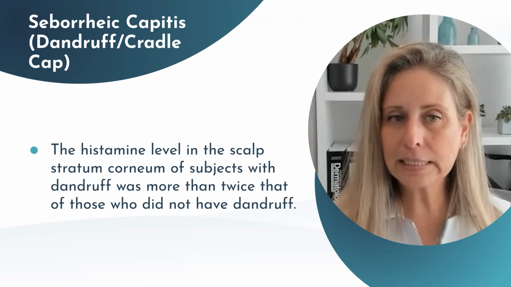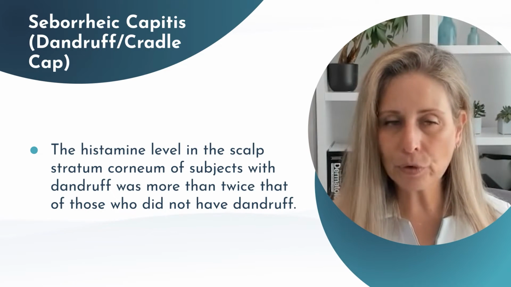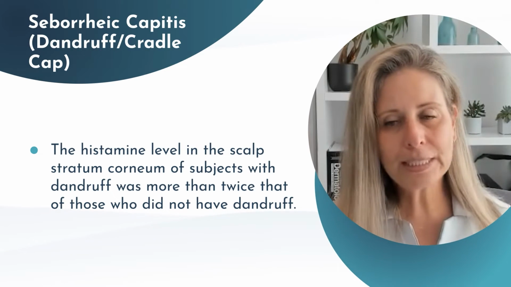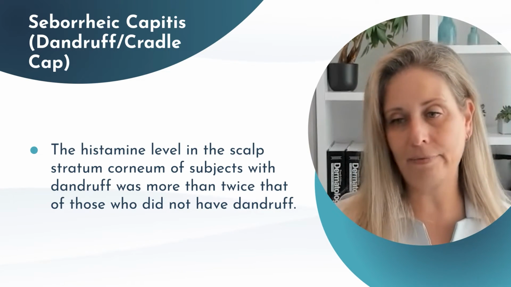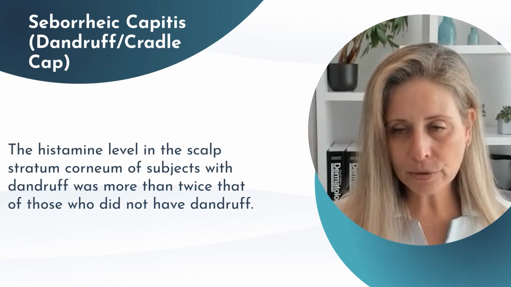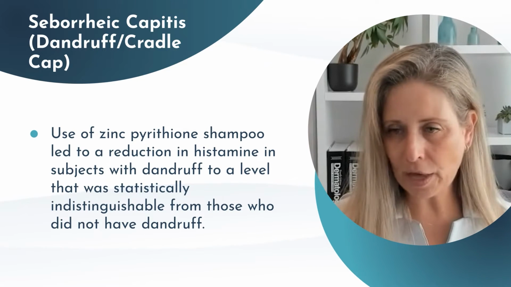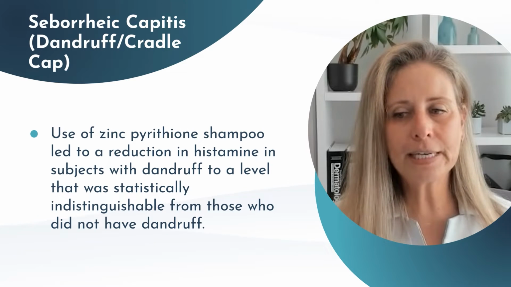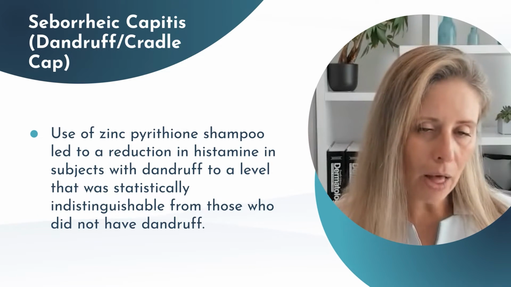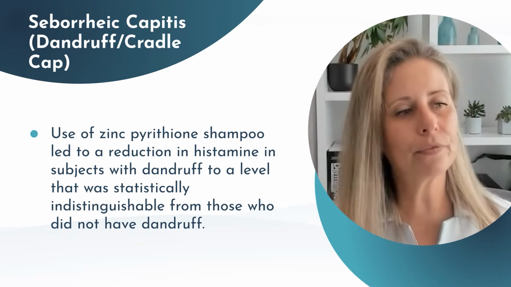Well, the researchers found that the histamine level in the scalp stratum corneum, so the top level of the scalp, in those with dandruff was more than twice that of those that didn't have dandruff. And in the study, they used a shampoo with zinc pyrithione, and that led to a reduction of the histamine in those with dandruff down to a normal level. And it got that way because they basically got rid of the Malassezia.